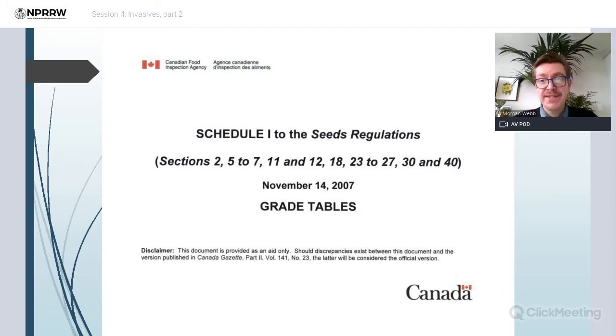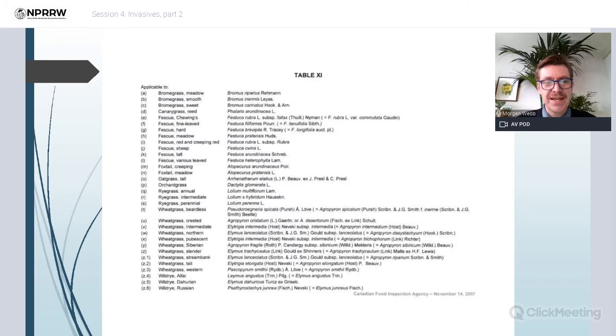Okay, and then the other place that we get rules, other than the weed seeds order, is Schedule 1 to the seed regulations, which is the grade tables. And I'll show you just an example of a few grade tables that I think apply to some of the seed that you might be working with. One of those is Table 11.